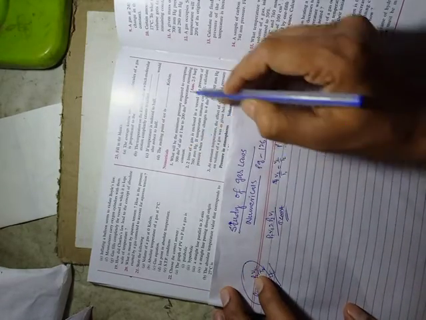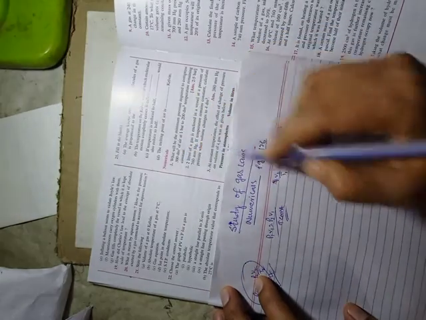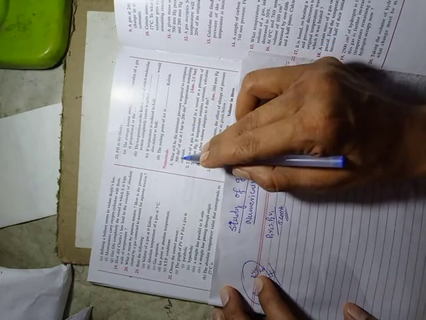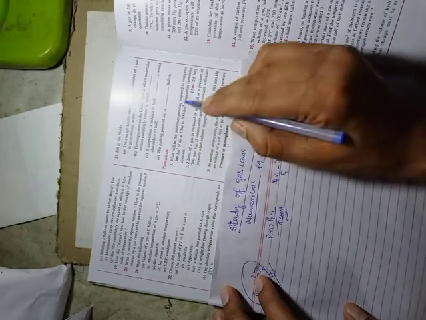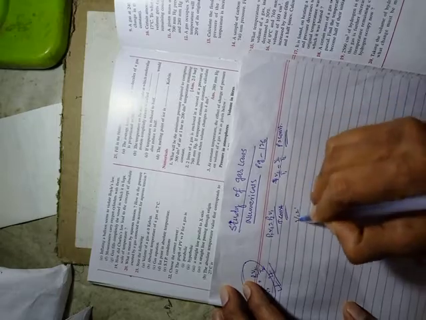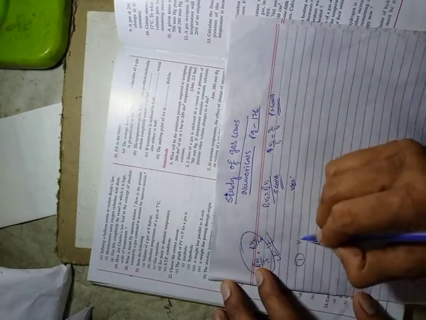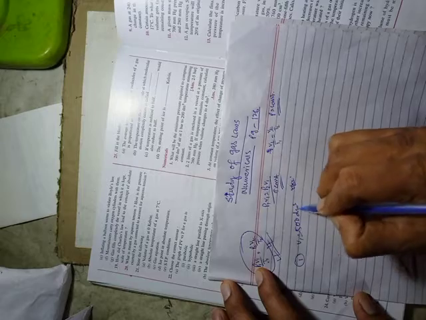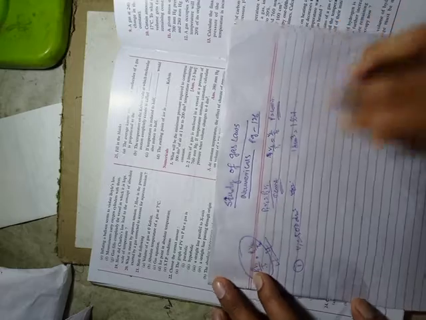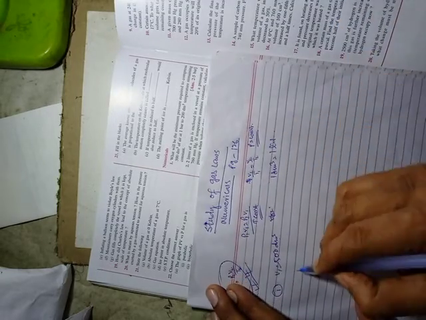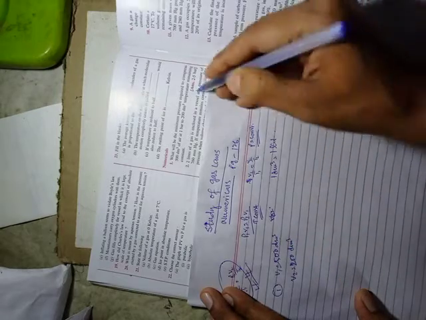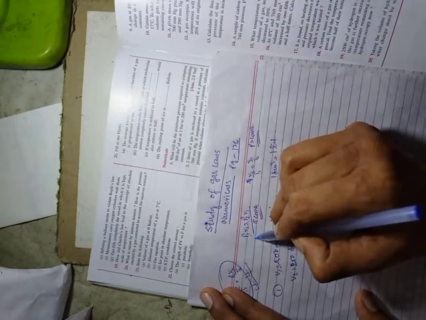V1 is equal to 500 decimeter cube or liter. 1 decimeter cube is equal to 1 liter, you just remember this thing. Now V2 will be 200 decimeter cube. Temperature constant means Boyle's law.